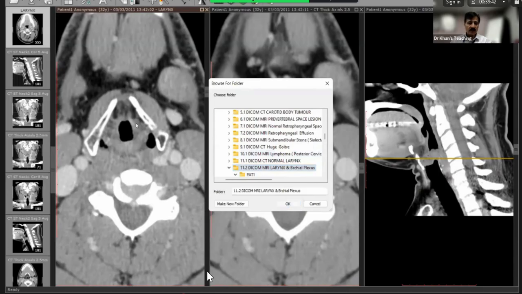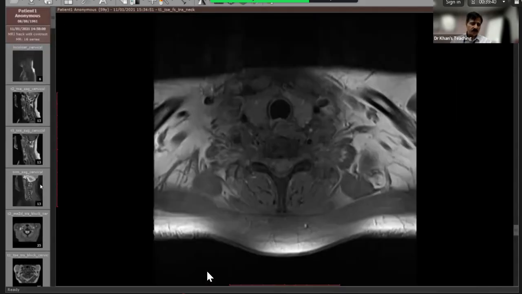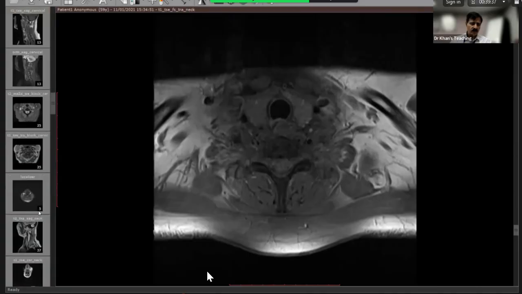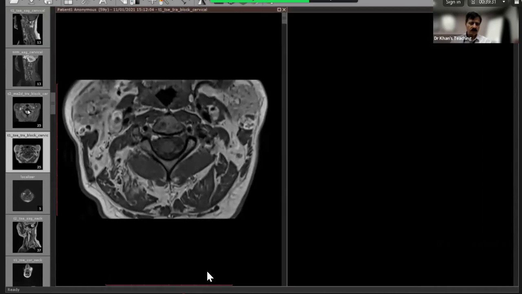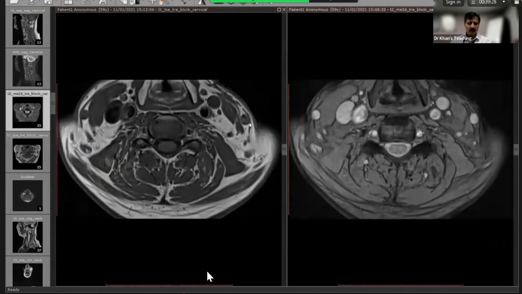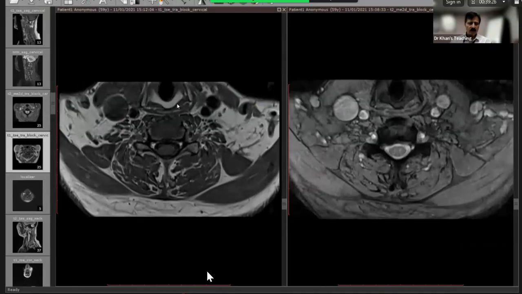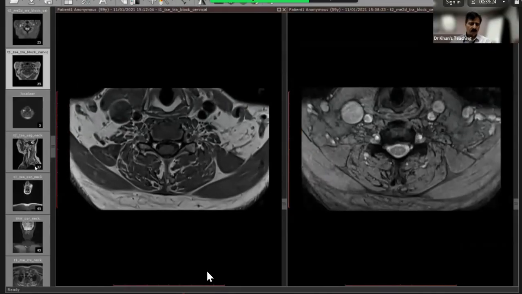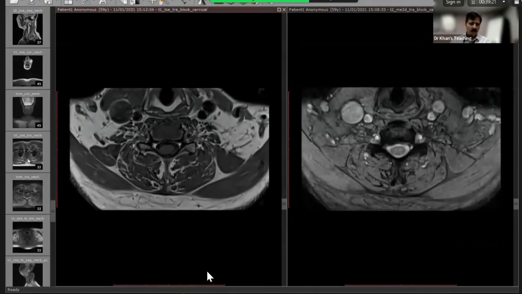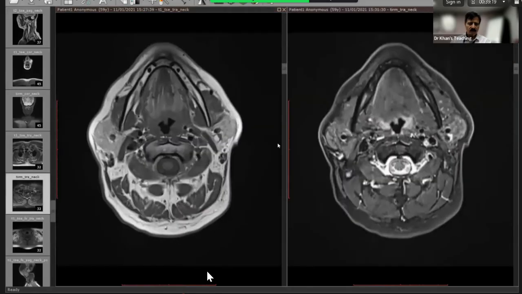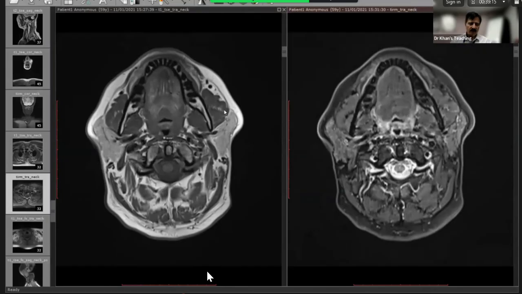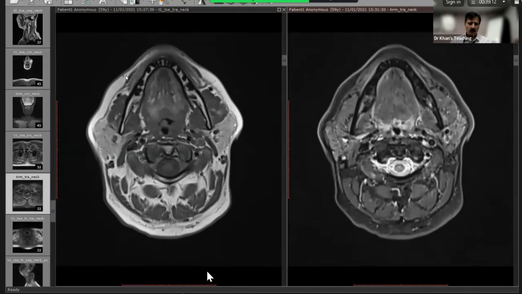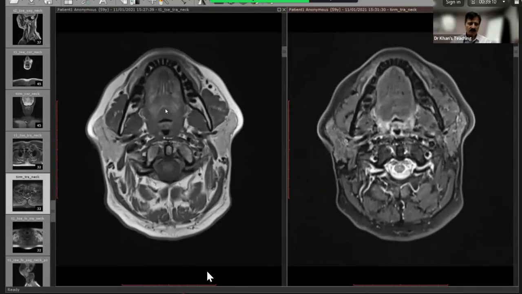Now, this MR is... so our aim is just the larynx. So we will now, if you see this oral cavity, this is the tongue.